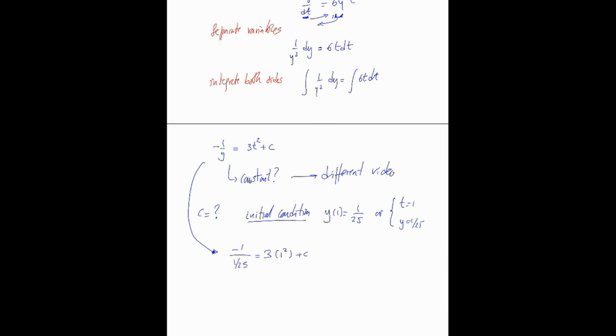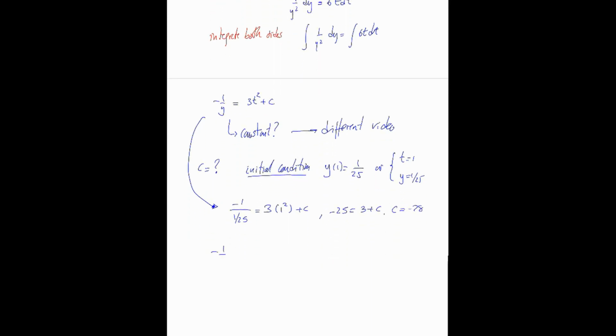Taking the reciprocal, minus 25 equals 3 plus c, so c equals minus 28. And so we have finally that minus 1 over y is equal to 3t squared minus 28. Taking reciprocals, we have minus y equals 1 over 3t squared minus 28, and we put the minus on the other side and exchange the order of the terms in the denominator, and this is y equals 1 over 28 minus 3t squared. And that's the solution of our differential equation.